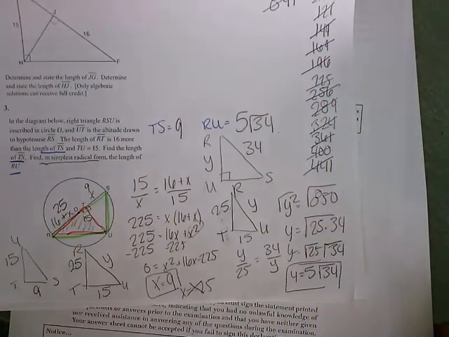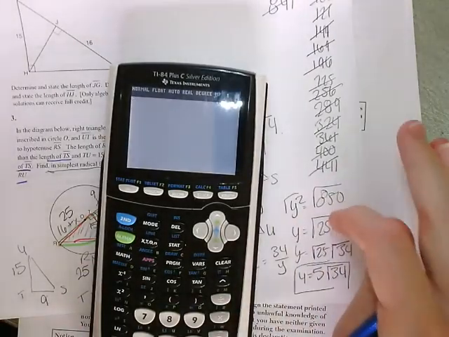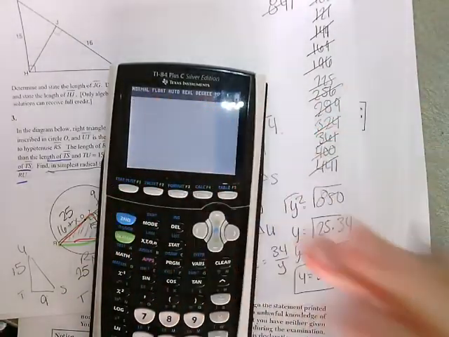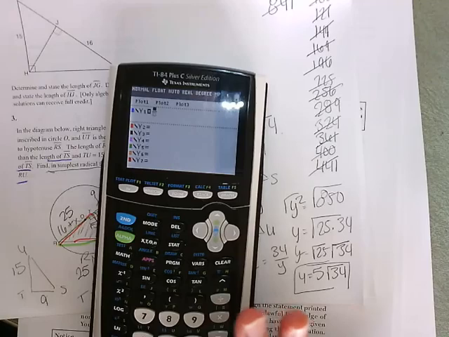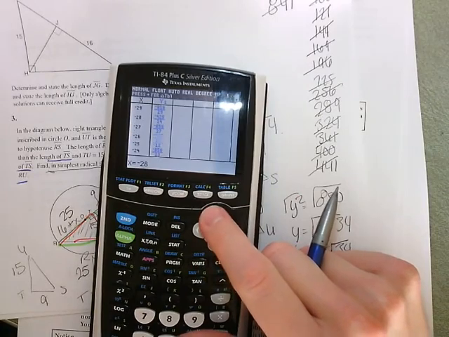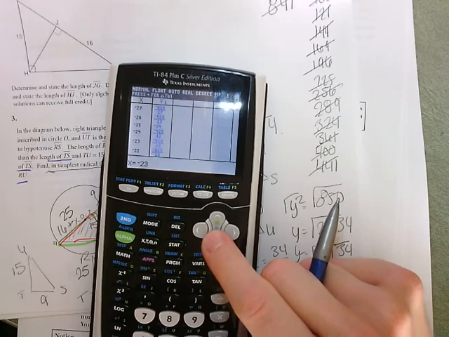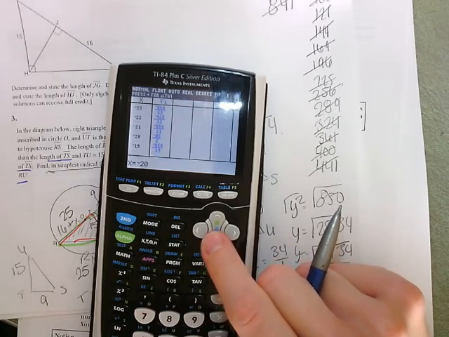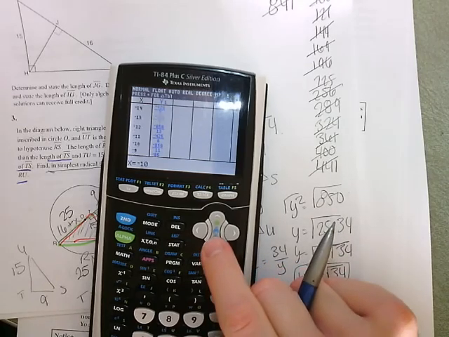Okay, now if you did not want to go through all that, what you could do is take the number that you're trying to simplify, so y equals 850 divided by x, go to your table, and you can go through and see which perfect square numbers gives you 850.